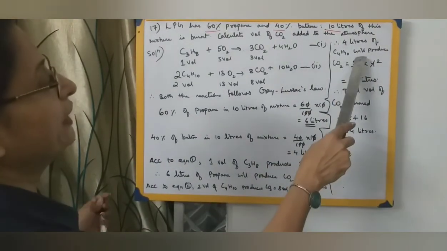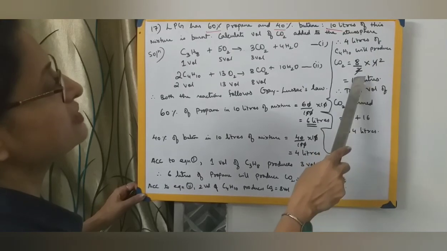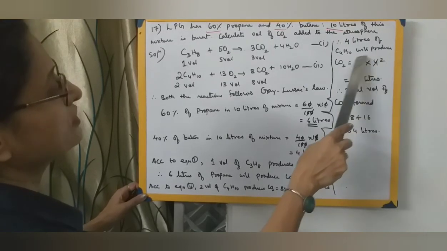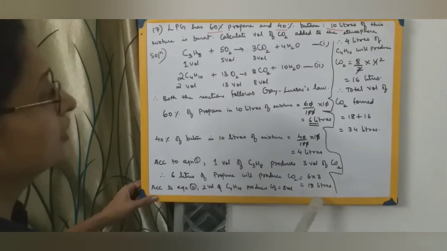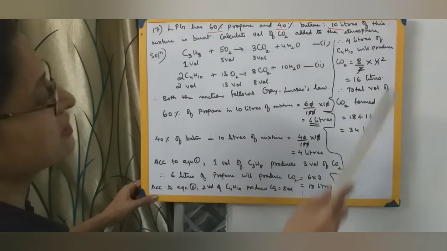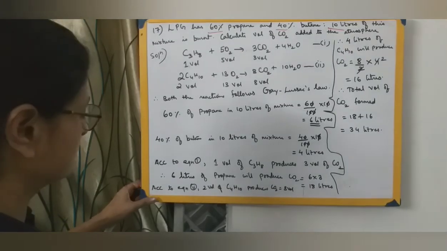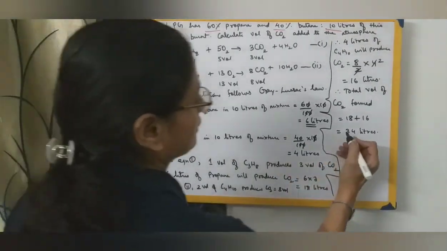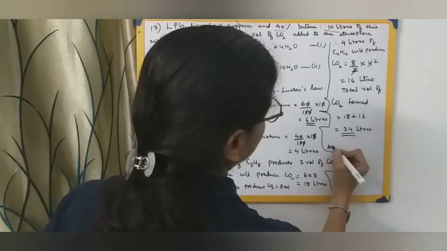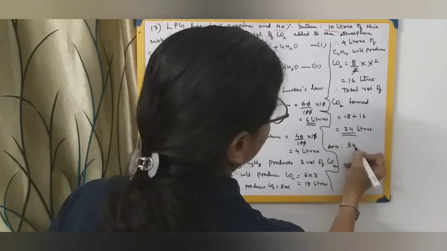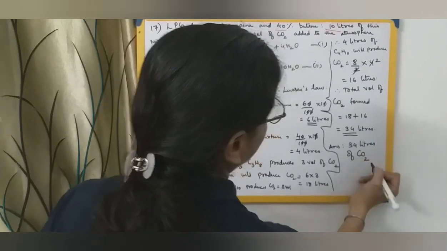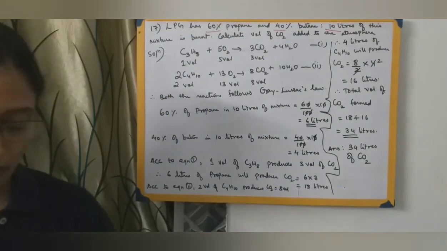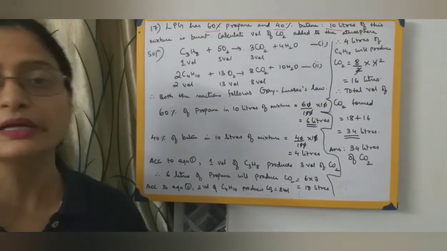What will we do? 8 by 2 into 4, that is 16 liters. So total volume of carbon dioxide formed is this 18 liters and this 16 liters. So that will be 34 liters of carbon dioxide that has been formed. So your answer will be 34 liters of CO2.